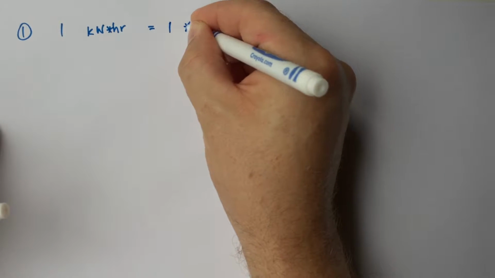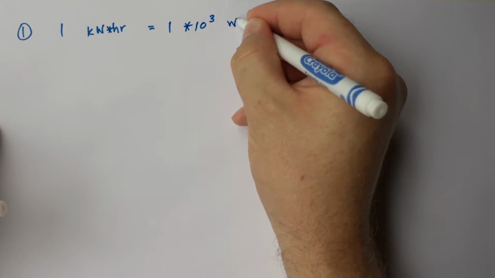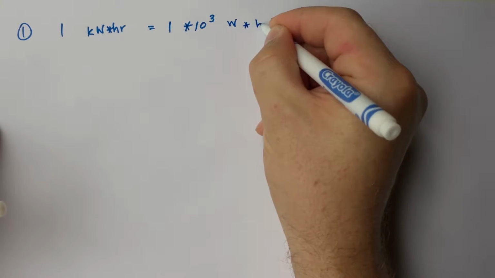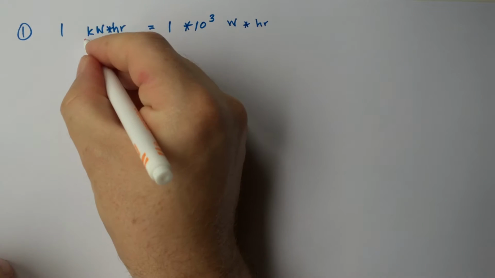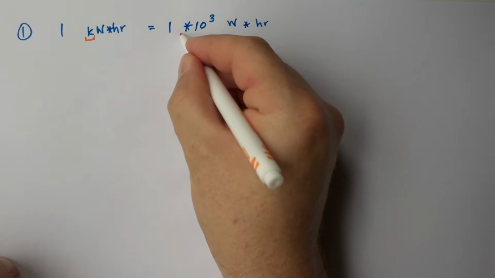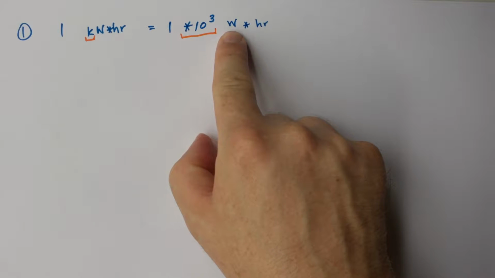So this is equal to 1 times 10 to the positive 3 watts times hours. I can say this because kilo and times 10 to the positive 3 are the exact same thing.